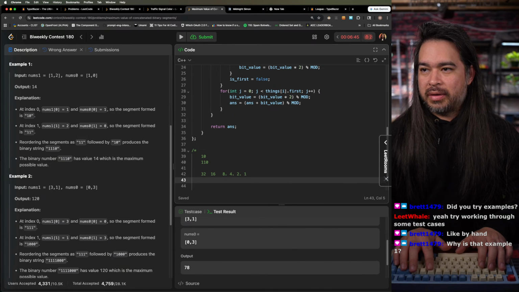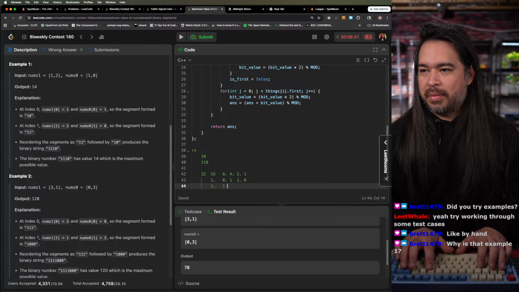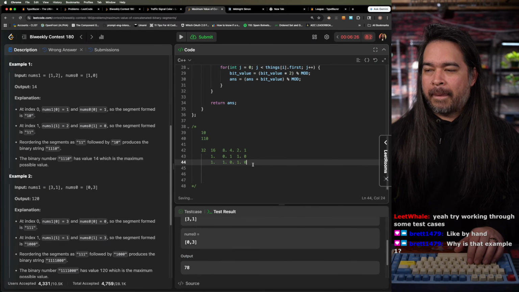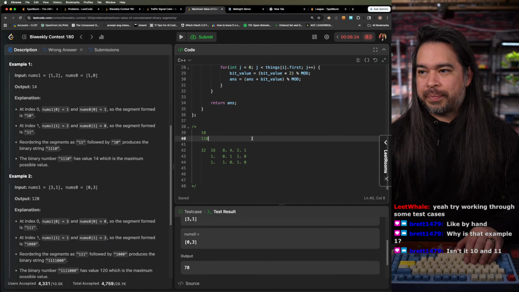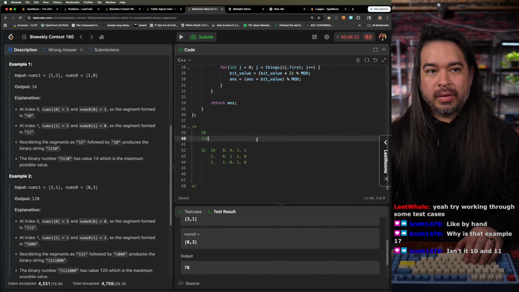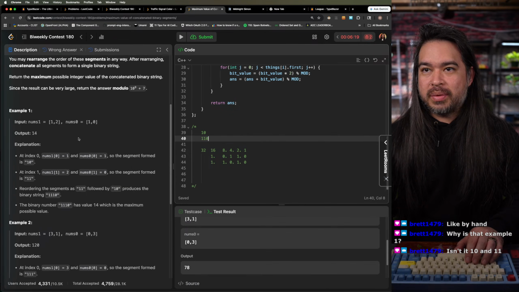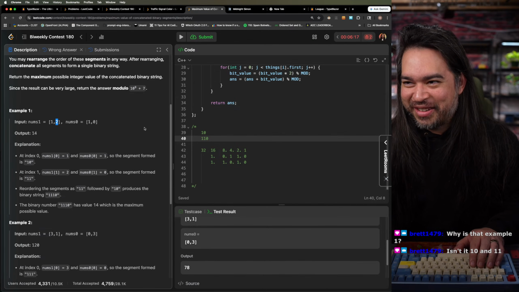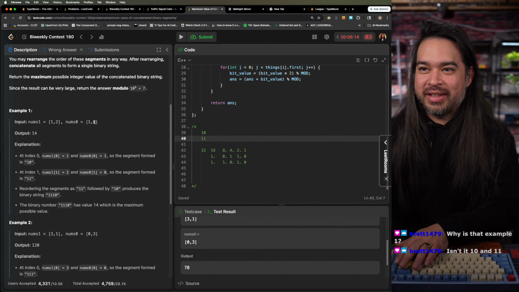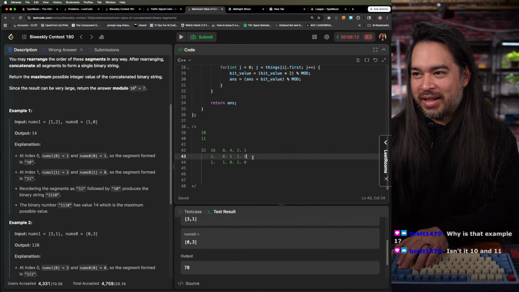So either it's going to be, up to 5, right? 1, 0, 1, 1, 0, or 1, 1, 0, 1, 0. Wait, isn't it 0, 1? Oh yeah, you're right, because there are no zeros in that last one.